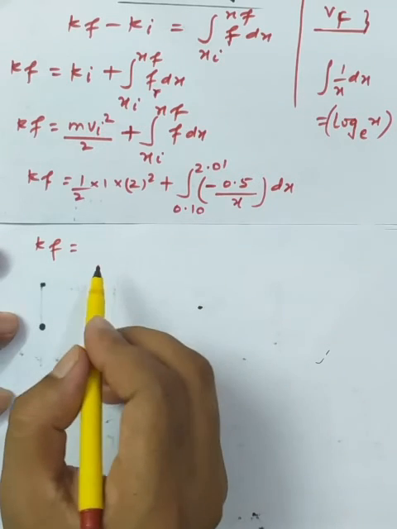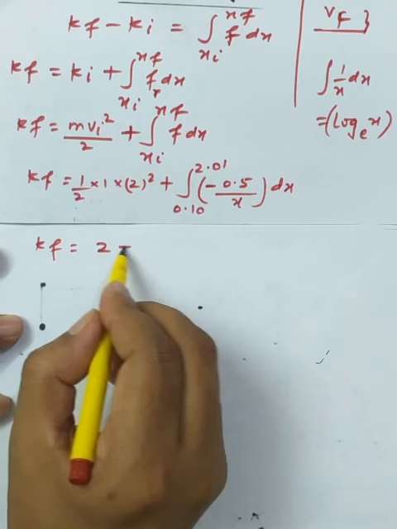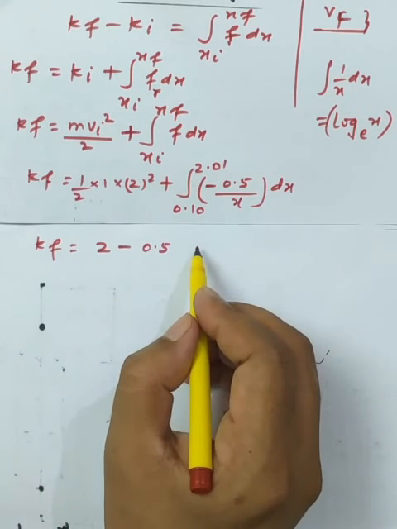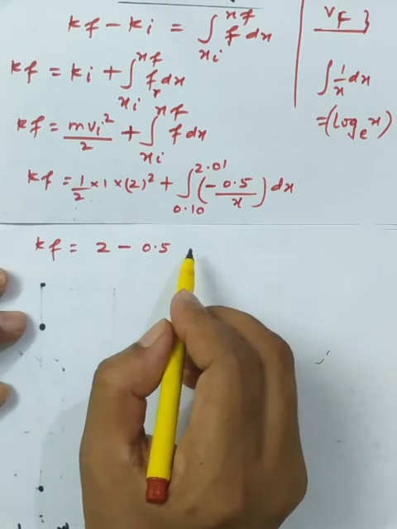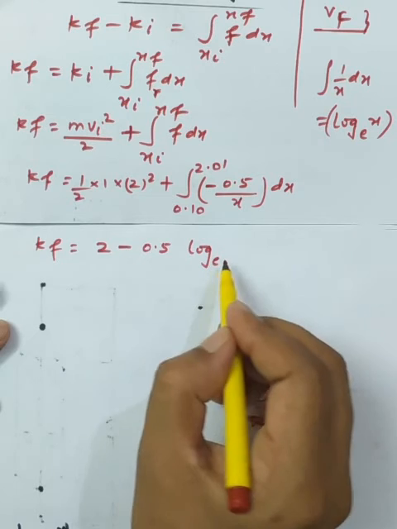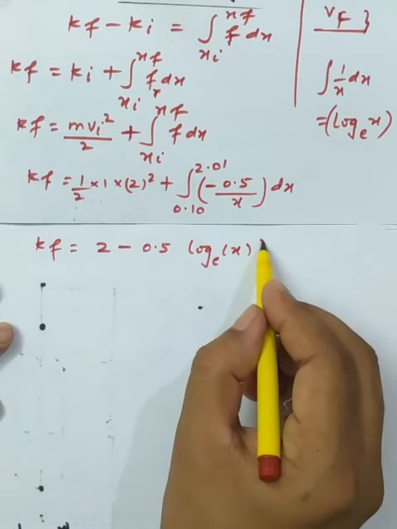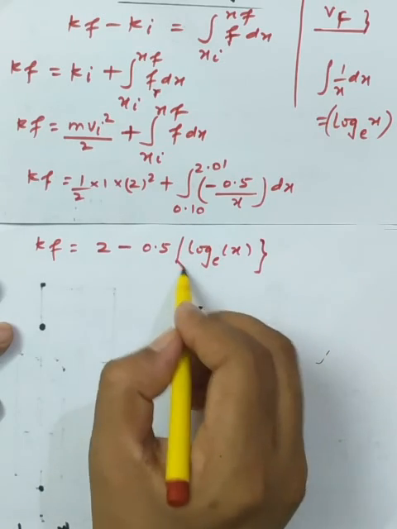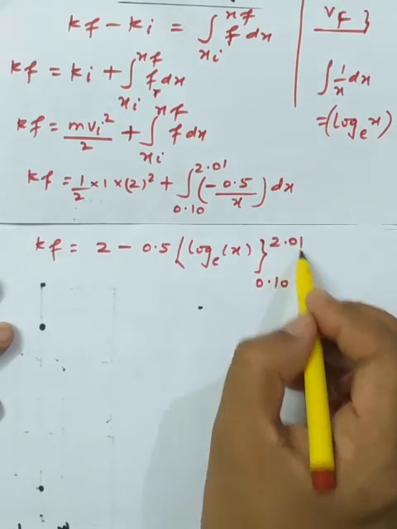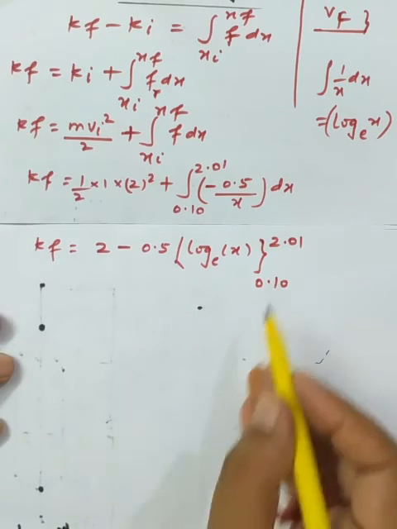Now I am solving the portion, that is this fraction having its own value, 2, minus sign is there, 0.5, and I have made the integral of that portion, log base e of x, with the limit which we want to apply here, that is 0.10 to 2.01.